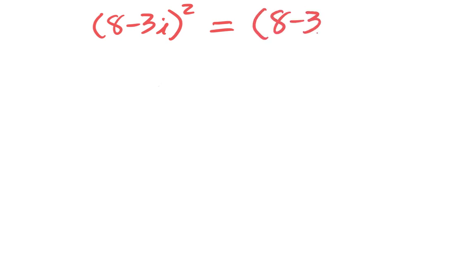Okay, so now we are looking at 8 minus 3i, and we square that. That really is 8 minus 3i times 8 minus 3i.